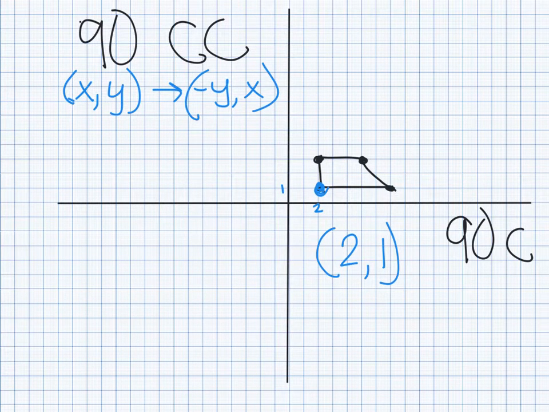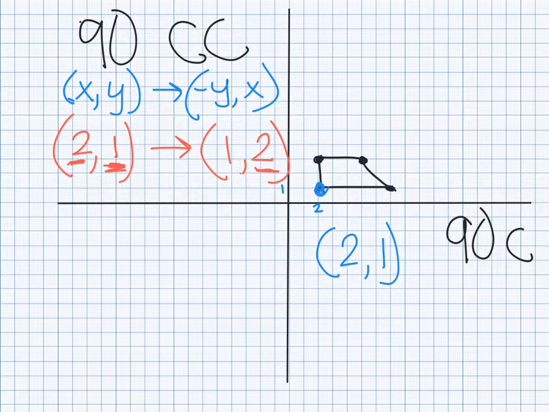If I were to perform this 90-degree rotation counterclockwise, my (2, 1) would become (1, 2), and then this original x value will stay and go in the y spot, but the original y value goes in the x spot and becomes negative.